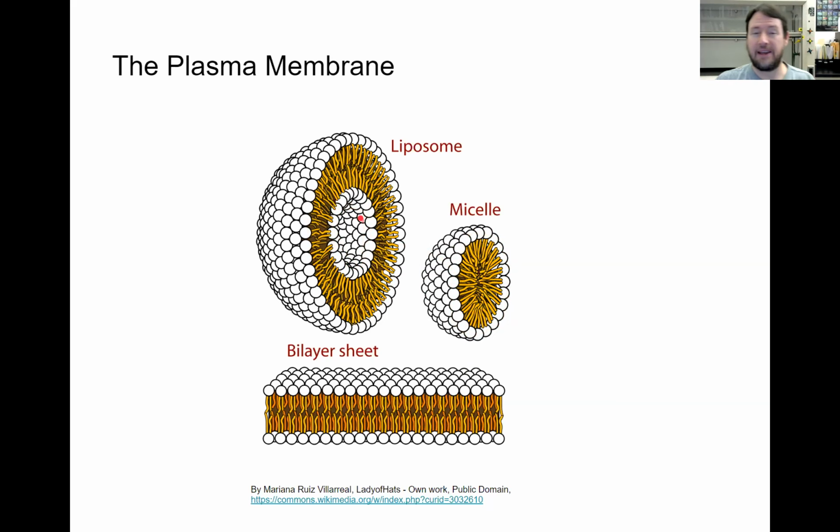And then we keep expanding it, and we can end up with an entire cell. And then if we take a section of the plasma membrane, we see this bilayer sheet. So this is how these molecules behave, and it's a natural consequence of mixing them with water. This is really an emergent property of these phospholipids, which is really, really cool.